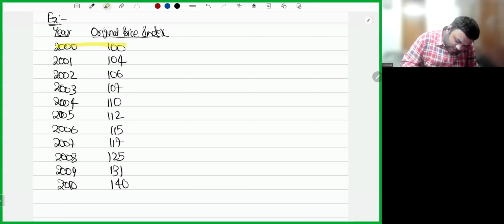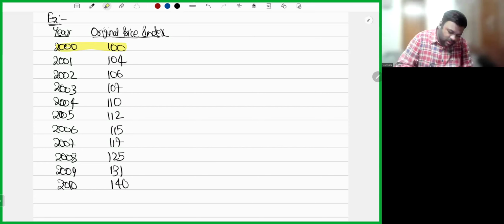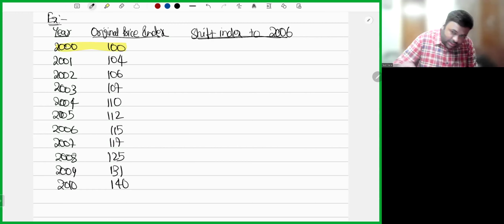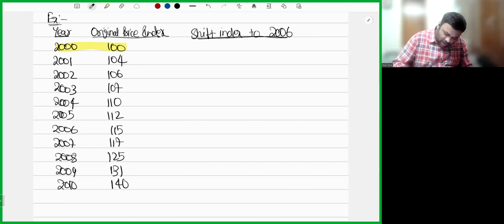Obviously, sir, 2000 is the base year because the base year index number starts with 100. Now he's asking you to shift the index to 2006. How will you shift? Obviously, we know the base index number starts with 100.